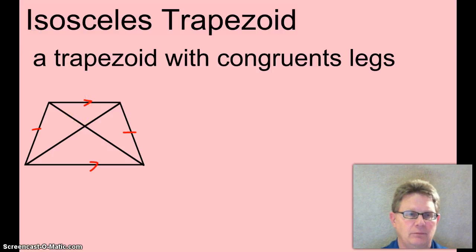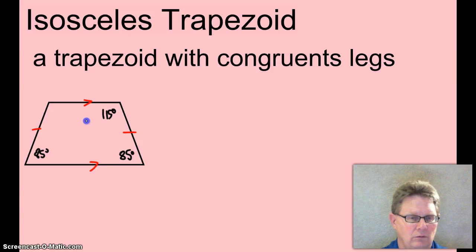an isosceles trapezoid. The other cool thing about an isosceles trapezoid, like an isosceles triangle, is that the base angles are going to be congruent. So if this was 85 degrees, then this base angle over here would also be 85 degrees. And since these sides are parallel, these consecutive interior angles are going to be supplementary. That'll be 115.